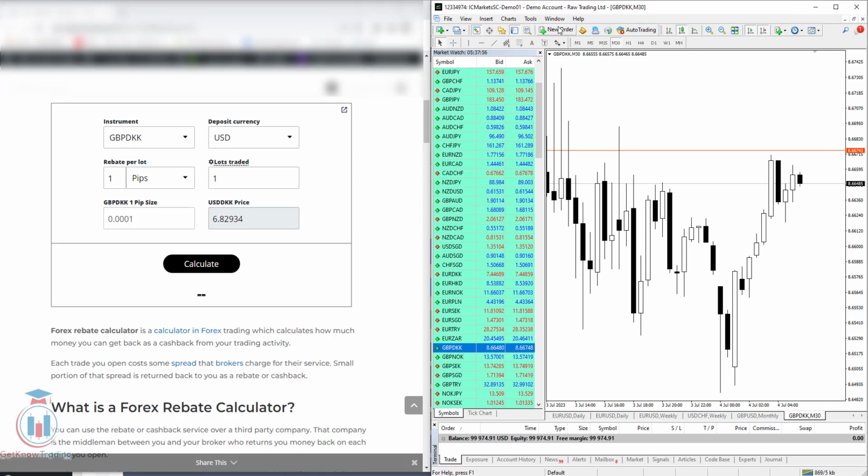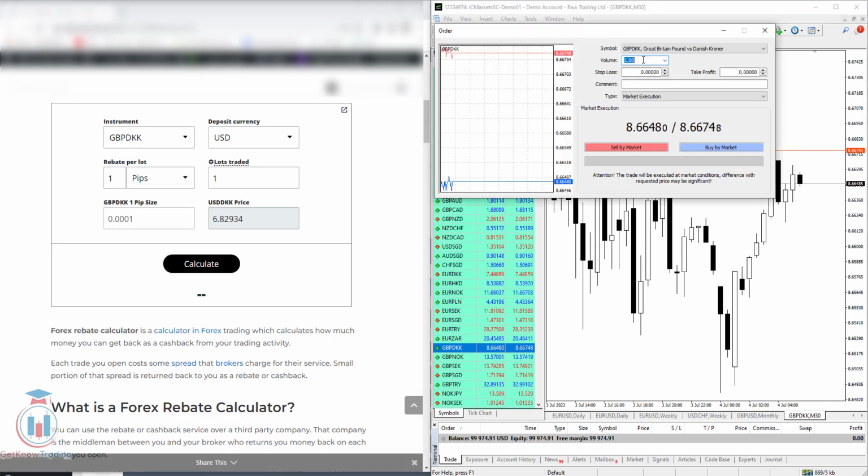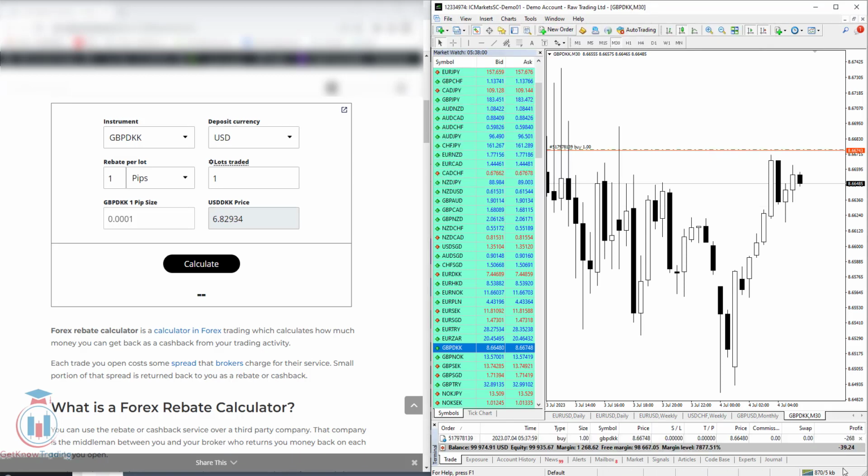So for example, if I open here an order with one lot, buy by the market, you will see that current cost is -$39.24. But if you have a company that gives you a rebate back, and they give you 1 pip per one lot, that means that they will give you back $1.46. So instead of -$39.24, you will pay around -$38.